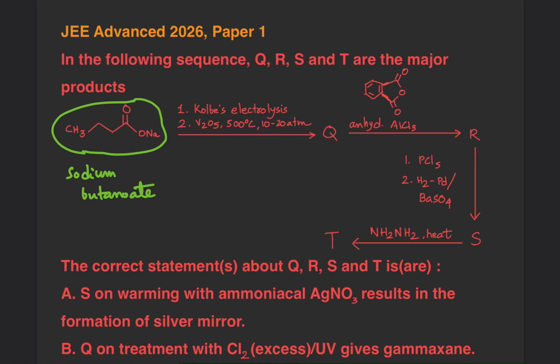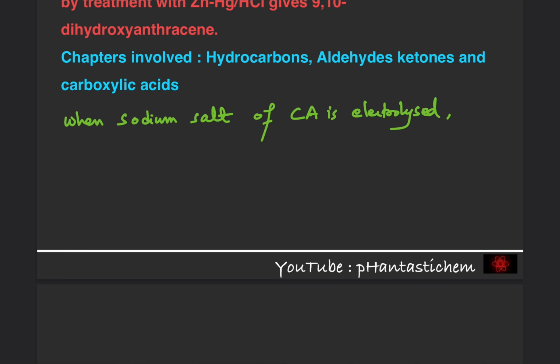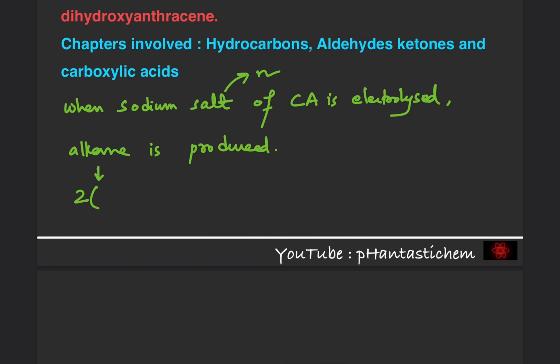Okay, so we should know that when a sodium salt of a carboxylic acid is electrolyzed, an alkane is produced. And if N is the number of carbon atoms in the salt of the carboxylic acid, then the alkane formed has 2 into N minus 1 carbon atoms.